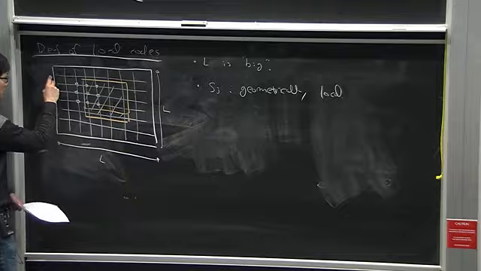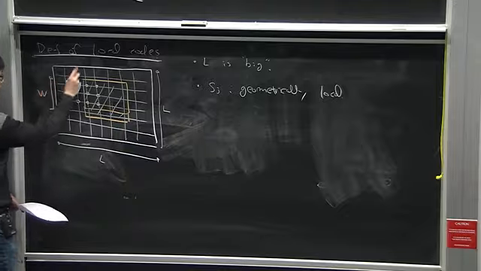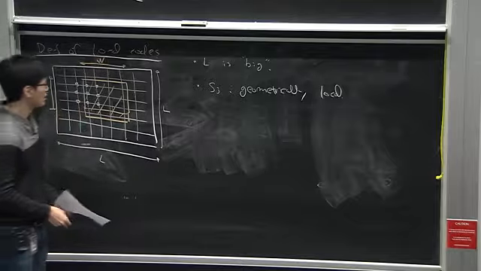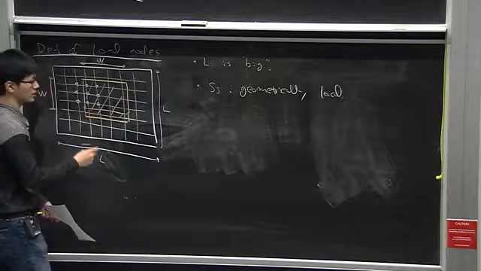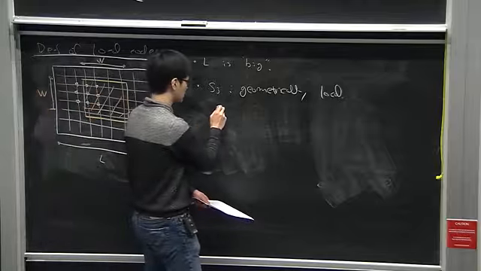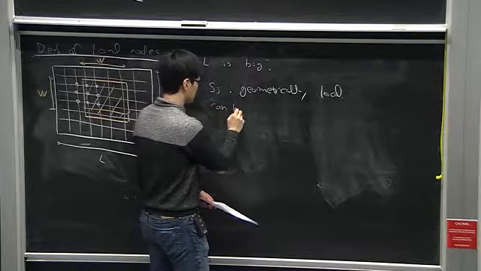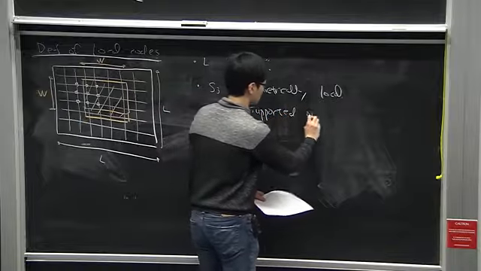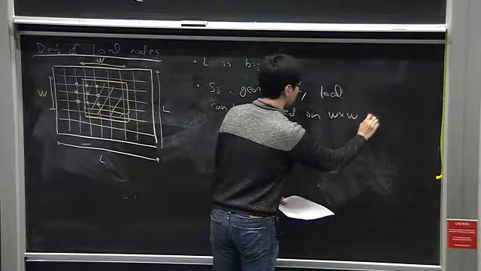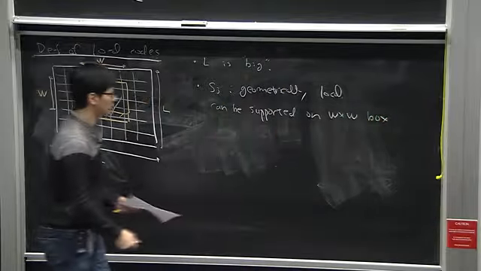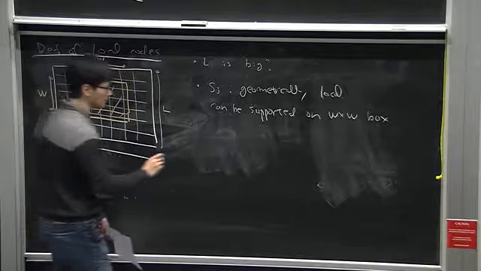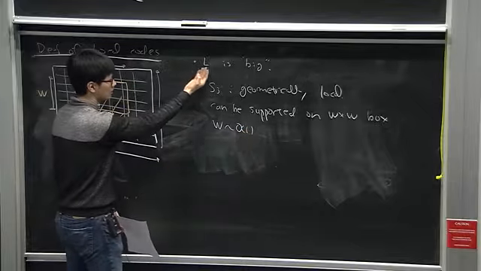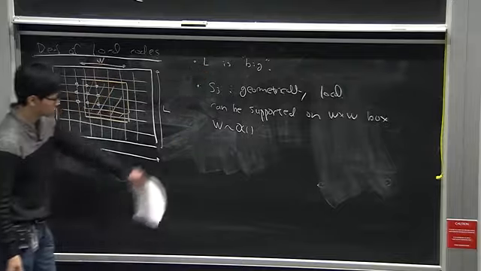But in general, we can say a W by W box. And then we assume that the S_j operators can be supported on a W by W box. And here it's important that W is an order 1 number. By order 1, I mean that the difference is of course L, and this stays finite.